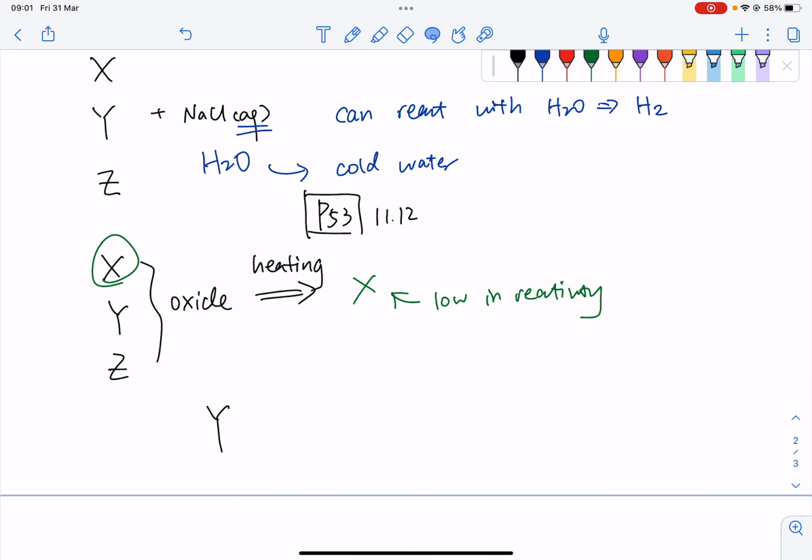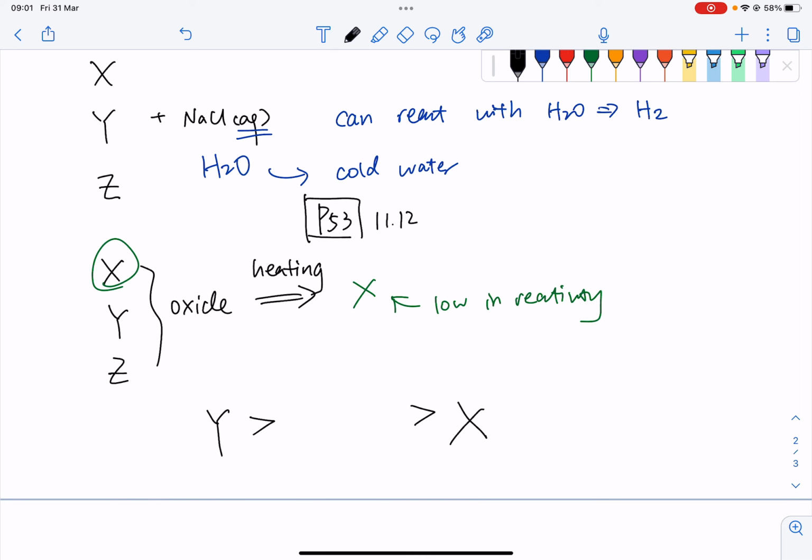And then it says X can undergo heating. It also represents that X itself is a very unreactive substance, right? And then the rest of it, they didn't either react with water or undergo decomposition, so it will be Z in our middle. So if we take a look at the activity series here, this option would be choice A.